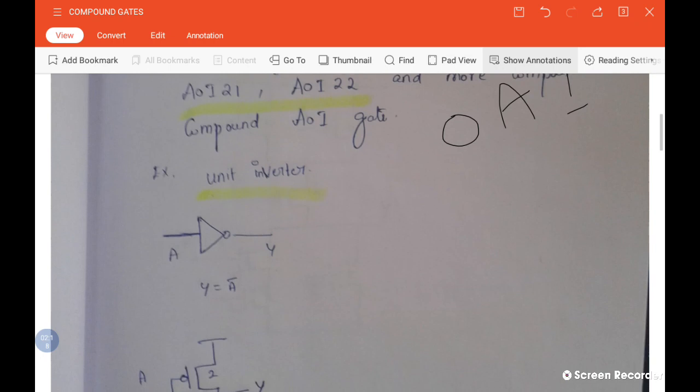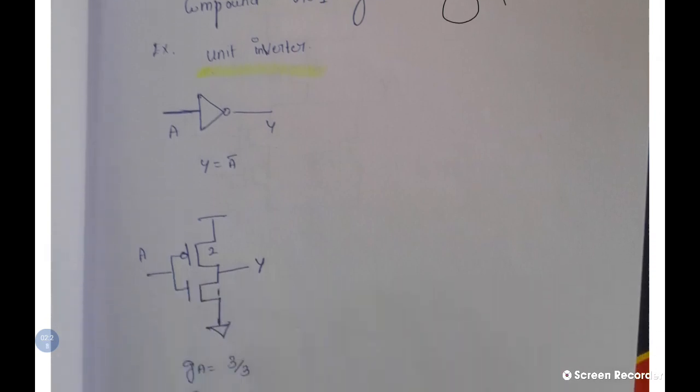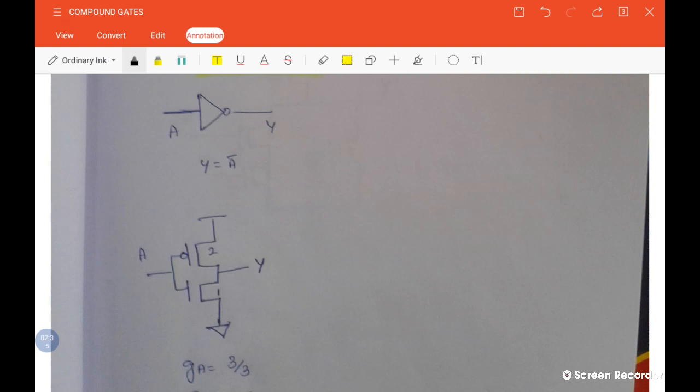Basically we know what an inverter is. An inverter gets input A and inverts it, finally producing A bar, that is Y equals A bar. And for an inverter we know the CMOS implementation. An inverter is nothing but a combination of an NMOS and a PMOS. We know that the PMOS is the pull up network and the NMOS is the pull down network.